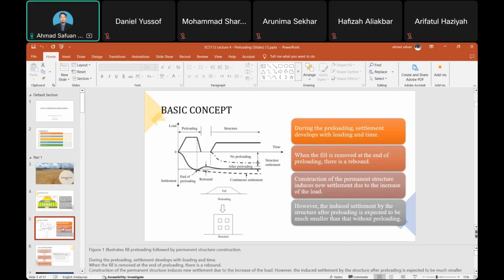Okay, this is the concept of preloading. During preloading, settlement develops with loading and time.